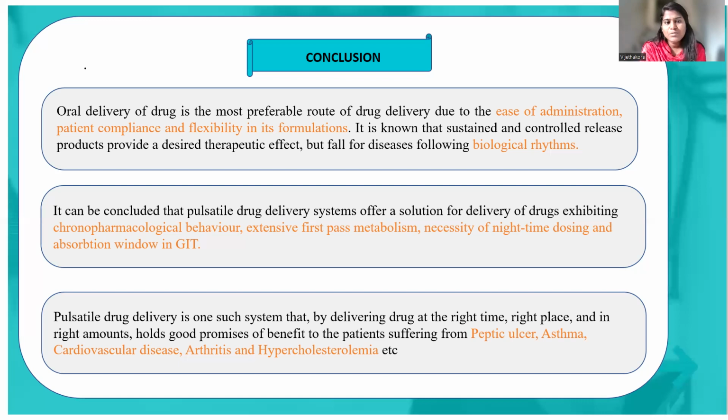And if the absorption window is in the colon or the last parts of the GIT, then this pulsatile drug delivery system will deliver the drug to that site after the lag time. So it is best suited for drugs where the absorption window is in the GIT.